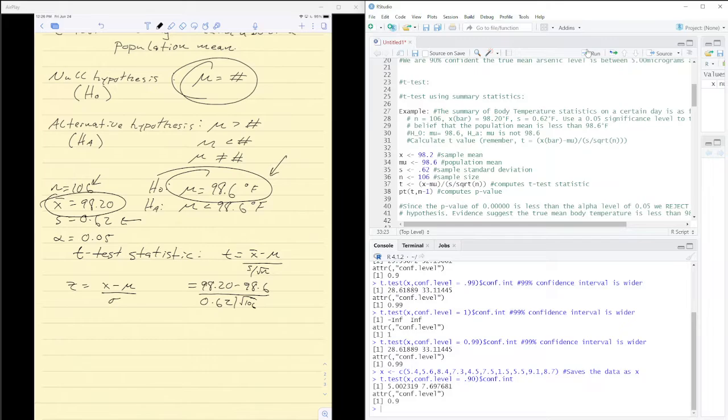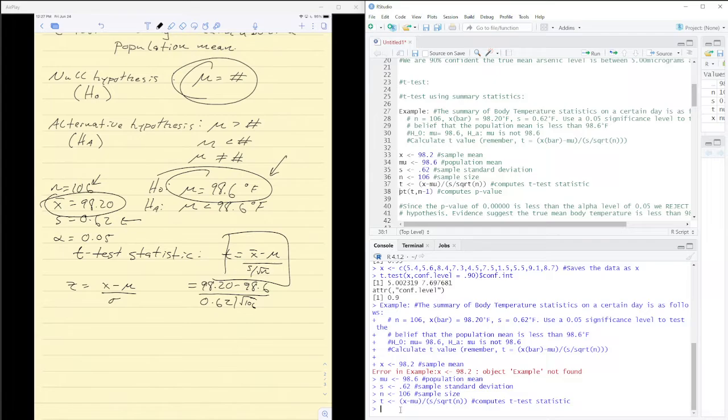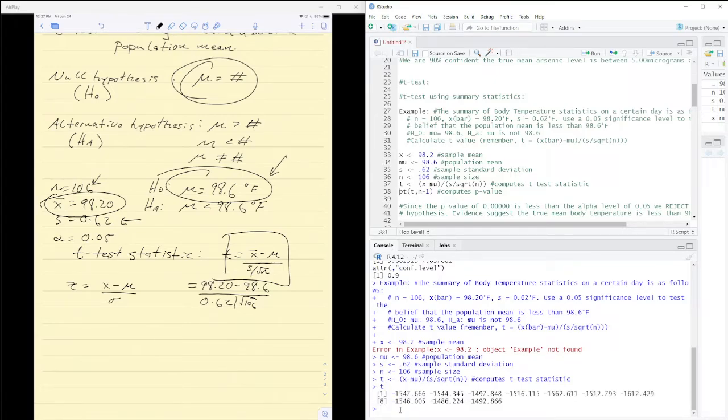Okay. And then this is that formula that I wrote out here: X minus the mean divided by your standard deviation over the square root of your sample size. And that number turns out to be... hold on.